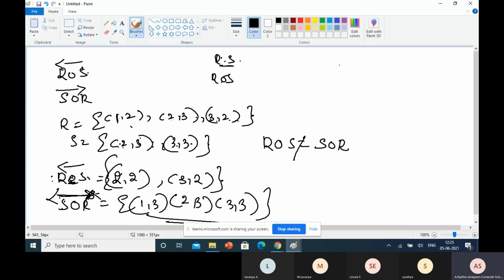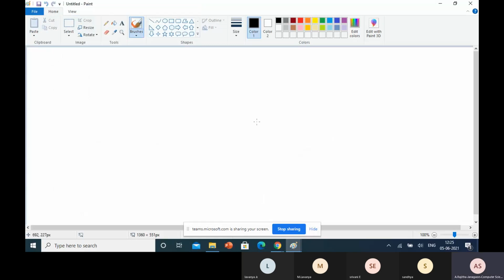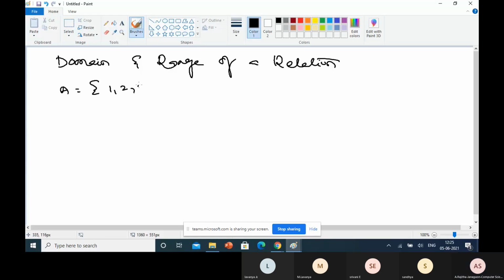And one more concept, that is range and domain. So now we have discussed domain and range. Here A equal to 1, 2, 3 and B equal to a comma b.